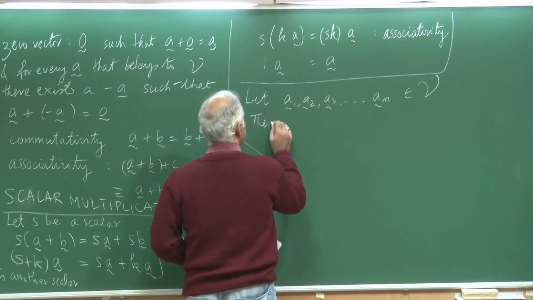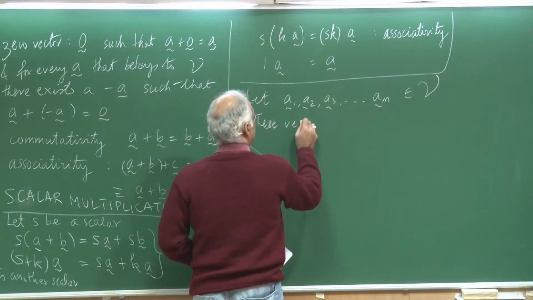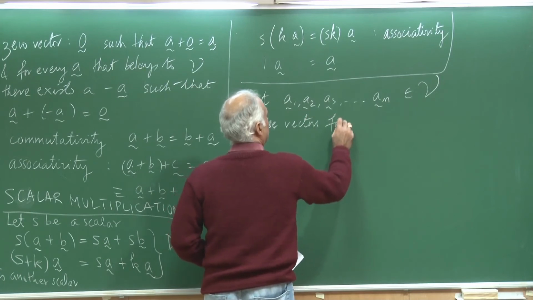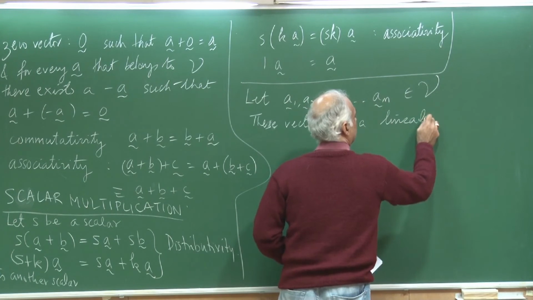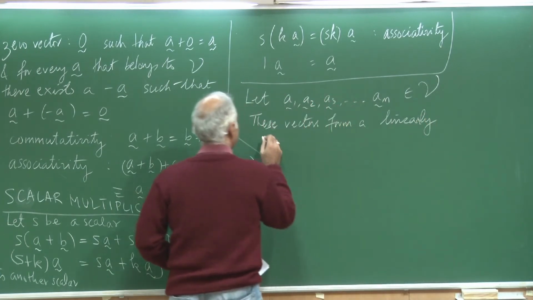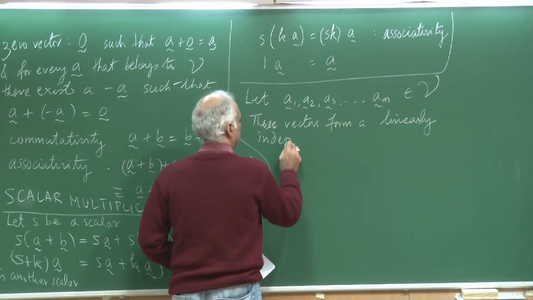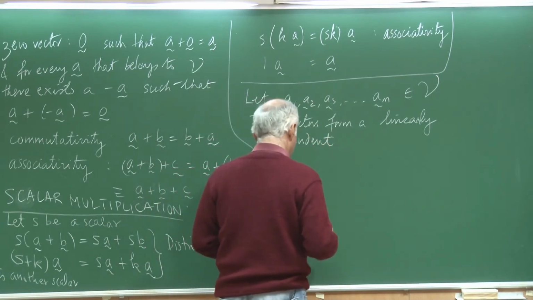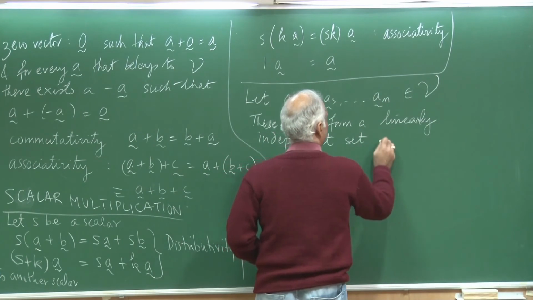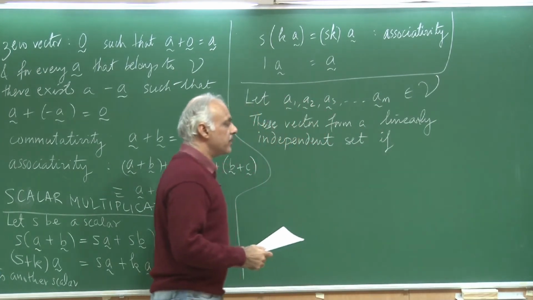So these vectors form a linearly independent set if I take linear combinations of them.